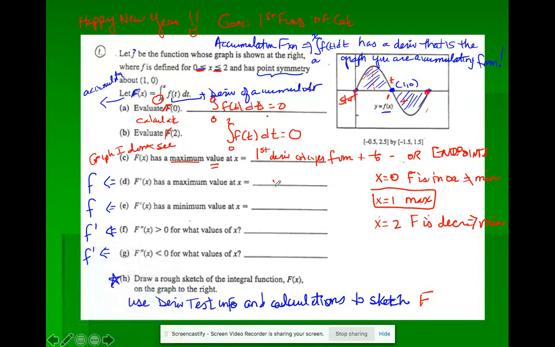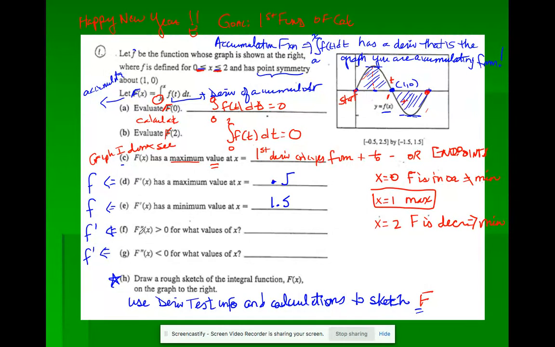Put that in blue. Capital F prime has a minimum value at about 1.5. But do you see that I'm getting those values purely from looking at the graph of little f? Whereas for C, capital F is the graph I don't see. It's the one I'm going to end up drawing down here.